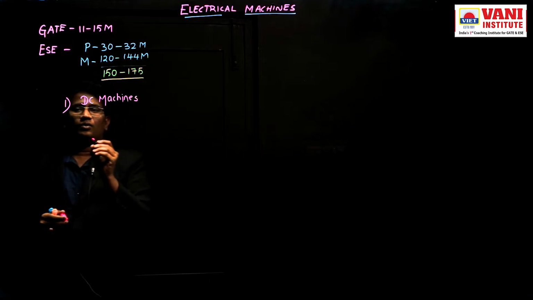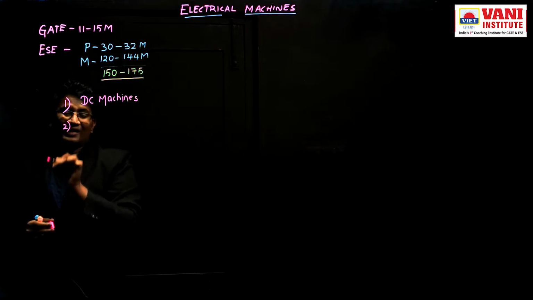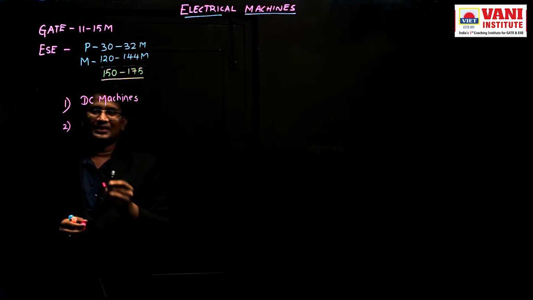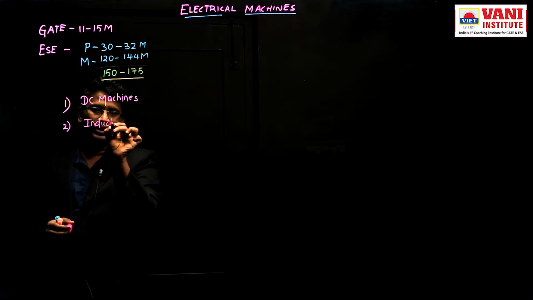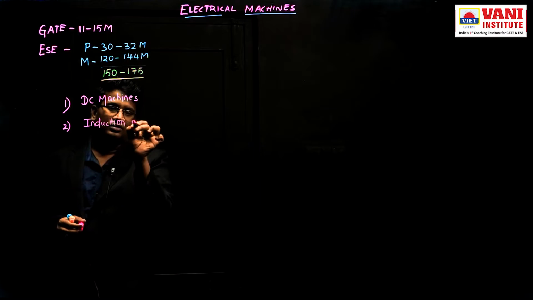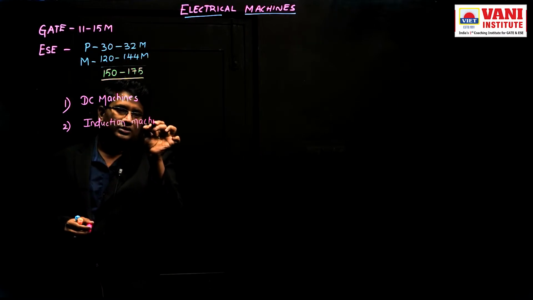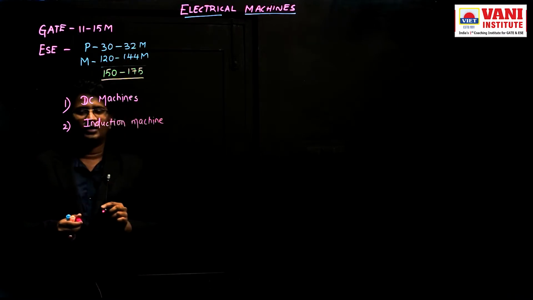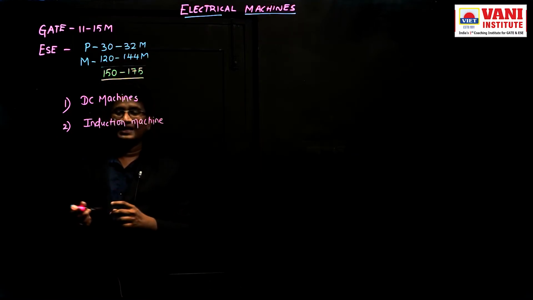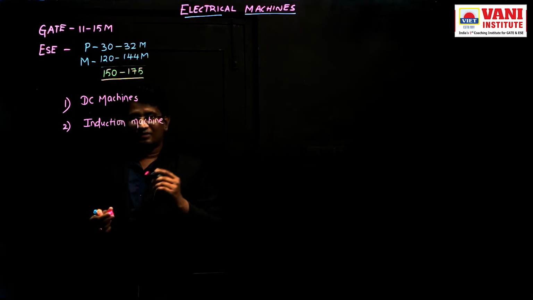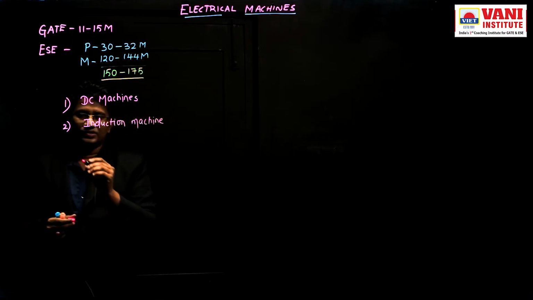Now, the next rotating machine is the induction machine. It is an AC machine, or alternating current machine, and it also has good weightage in GATE as well as engineering services.